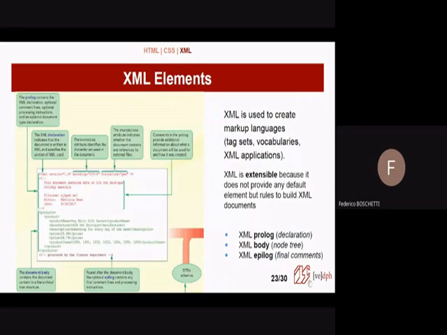For example, if an element can be empty or not, if an element can be contained or not inside another element, if it is mandatory, if you can have more than one instance of the element inside the other elements, and so on.